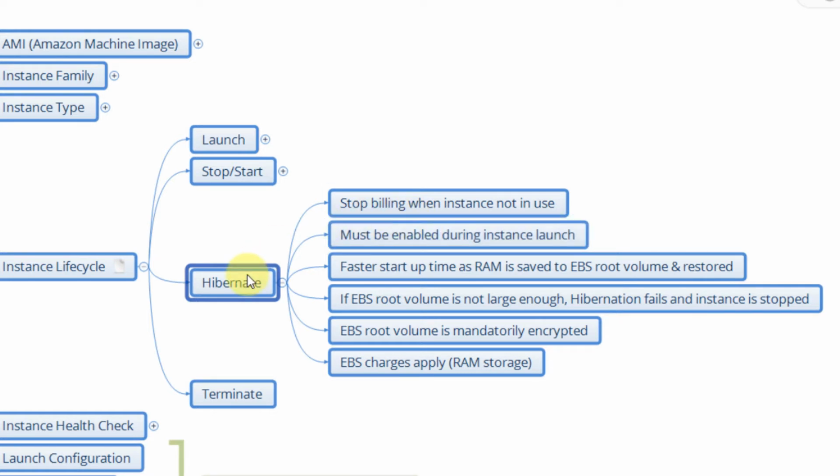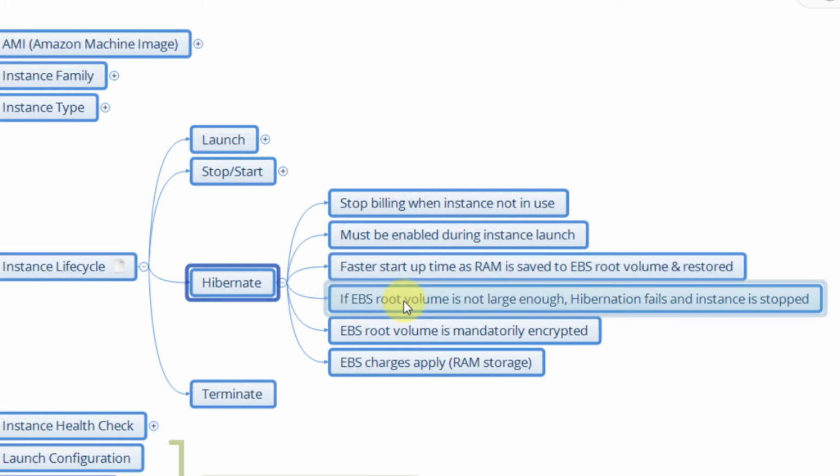And what hibernate gives you that stop doesn't is that it also saves the RAM of the instance to an EBS volume, to the EBS root volume. So since the RAM is saved, the startup of the instance is faster and you get back the original runtime state of the instance when you stopped it.